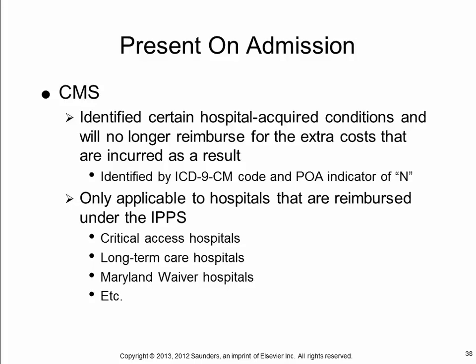They are as follows: cancer hospitals, children's inpatient facilities, rural health clinics, federally qualified health centers, religious non-medical health care institutions, inpatient psychiatric hospitals, inpatient rehabilitation facilities, and Veterans Administration and Department of Defense hospitals are all exempt from the present on admission indicators. Okay?